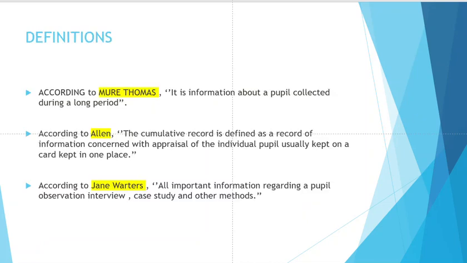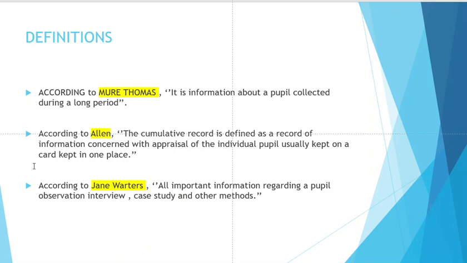So, what are the definitions? According to Murray Thomas, it is information about a pupil collected during a long period of time. According to Allen, the cumulative record is defined as a record of information concerned with the appraisal of the individual pupil, usually kept on a card in one place.